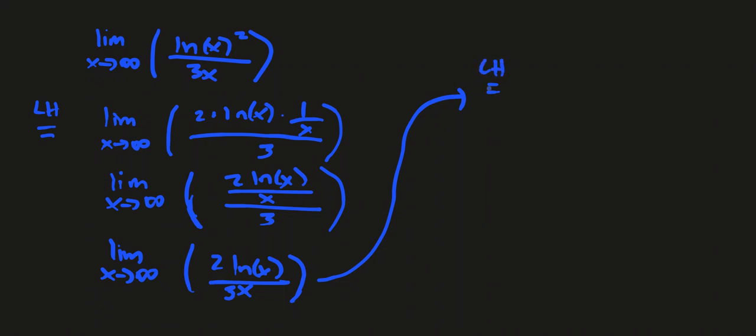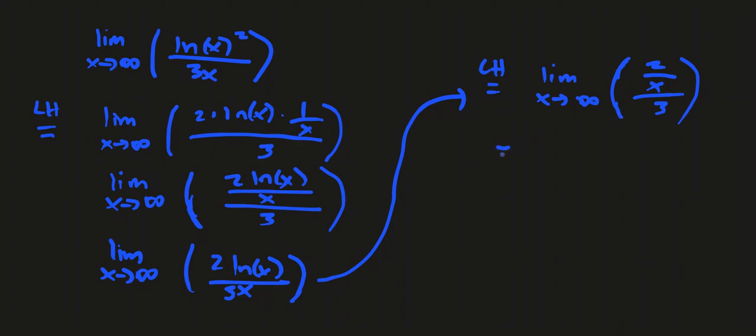If I have this equals and then LH on the top, this indicates that I'm using L'Hopital's rule. The limit as x approaches infinity of the derivative of 2 ln x, which is just 2 by x. And when I say ln, that's the natural log. This is over 3.